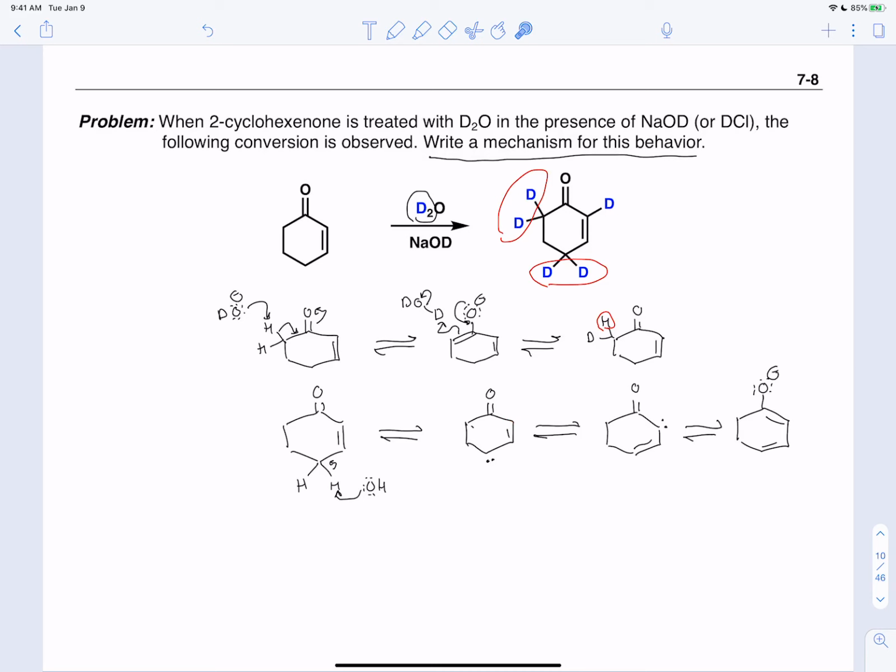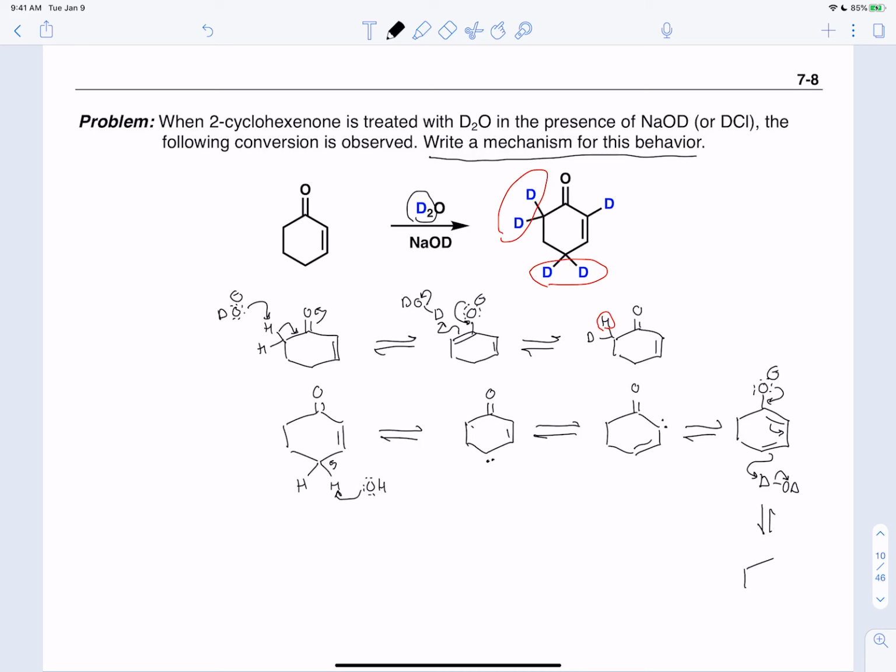Now if we imagine this enolate coming back, we have deuterium. We attack this.